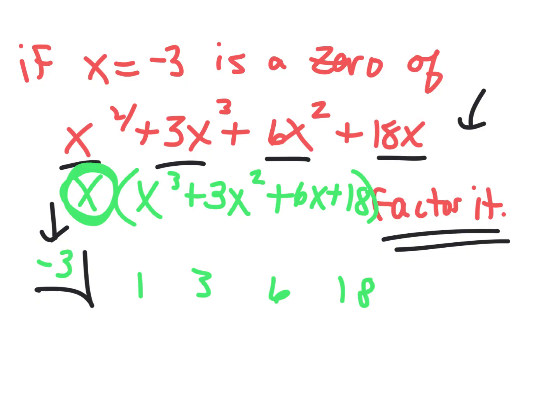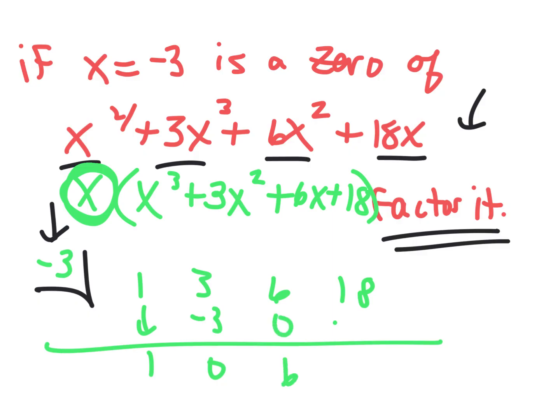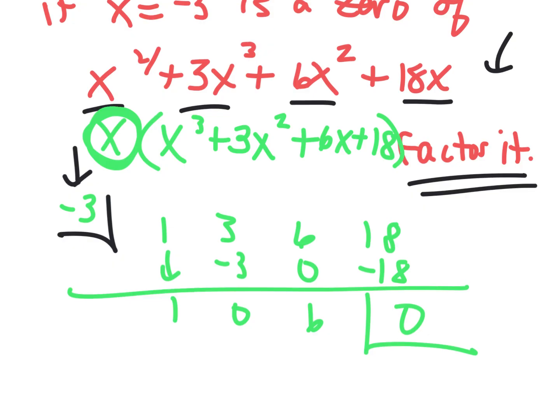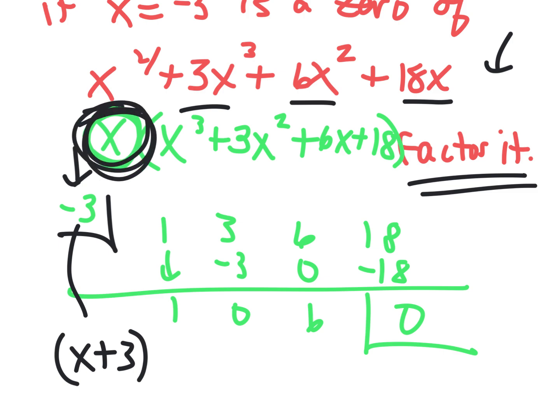Because at the end of the problem, I'm going to ask you what's the factored form, and if you don't have an x in front of it, you'll get it wrong. So you might think, well, I did it, I was fine. If you didn't factor the x out here, you won't put it in your final answer.